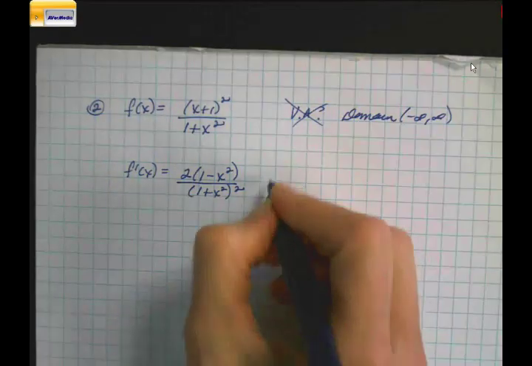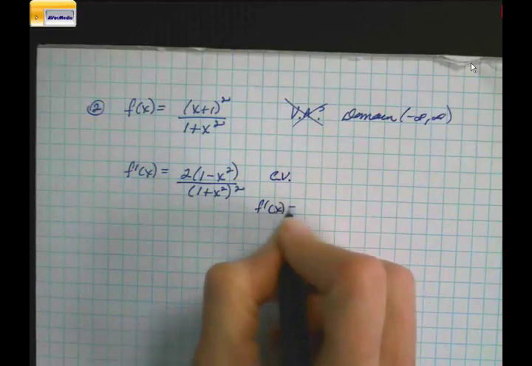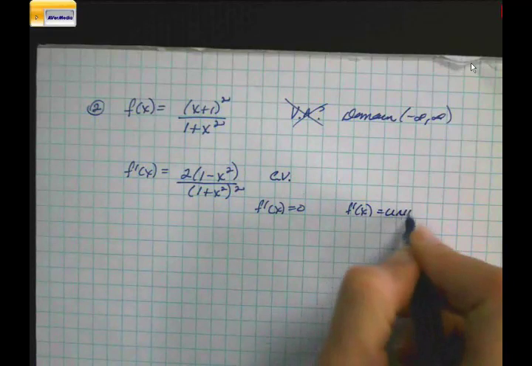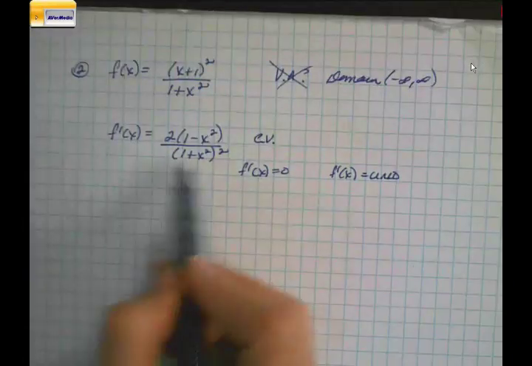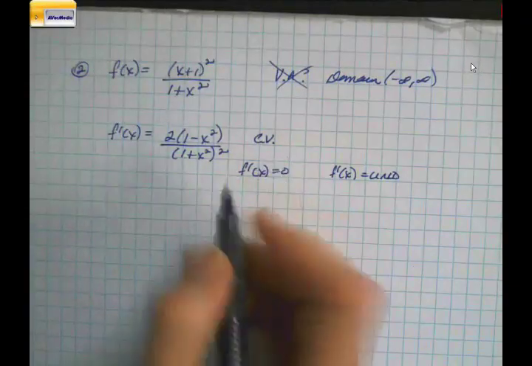We're supposed to find the critical values of this thing. To find the critical values, we either set the first derivative equal to 0, or we find the places where the first derivative is undefined. When you set the first derivative equal to 0, the only way a fraction is going to equal 0 is if the numerator equals 0.